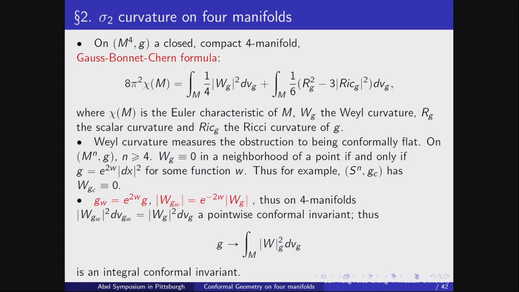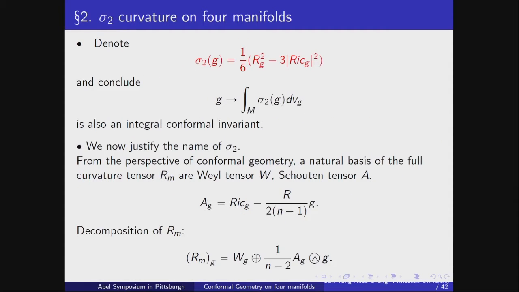Our conclusion is this second expression on the right-hand side is also an integral conformal invariant. And so for that reason, we denote the second term by sigma 2. I will explain the notation later. So the consequence is the second term in the Gauss-Bonnet formula is an integral conformal invariant.